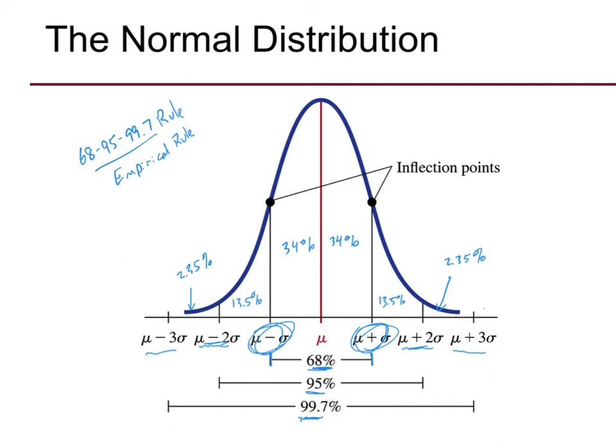Cutting that in half, we get 0.15% is beyond 3 standard deviations above, and 0.15% is beyond 3 standard deviations below. So very few individuals in my data set will fall outside of 3 standard deviations. 0.1% is 1 out of 1,000. That's not that many.